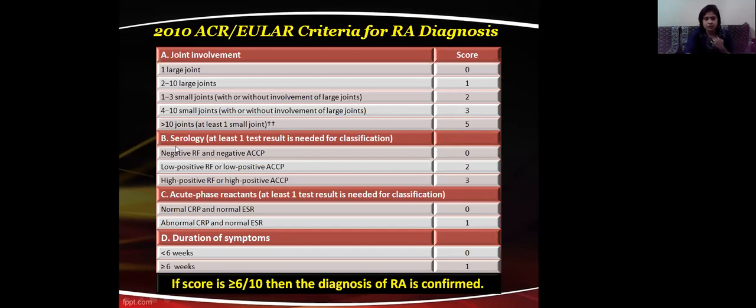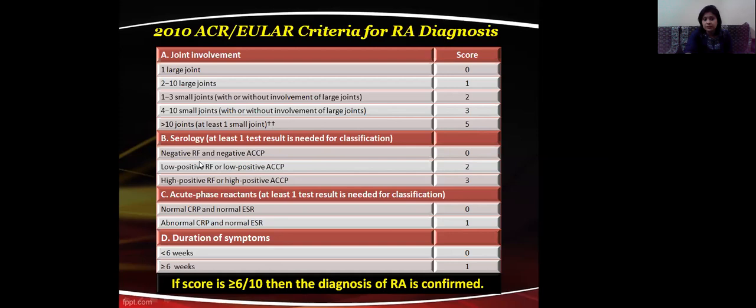Serology: rheumatoid factor and anti-CCP antibodies. Among these, at least one investigation should be done. If there is negative rheumatoid factor and negative anti-CCP antibodies, the person will get 0 score.